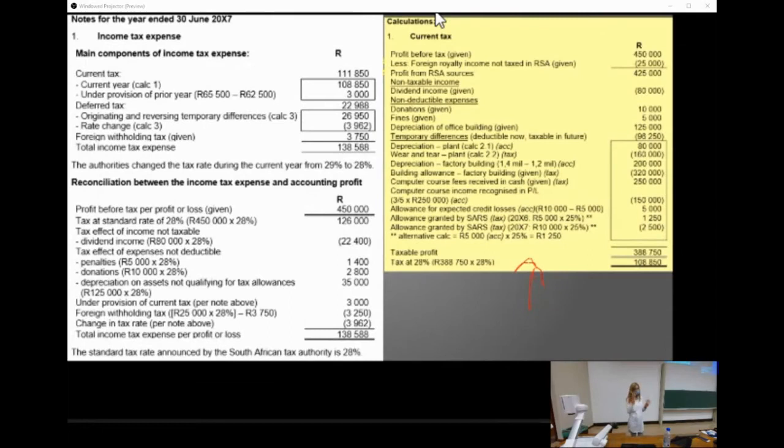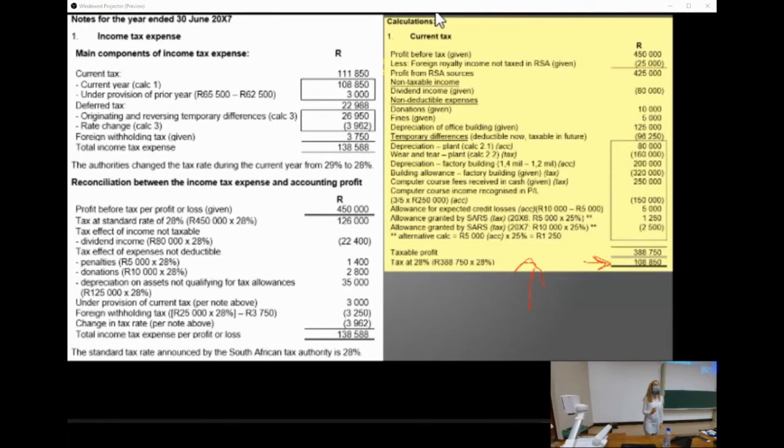That's incorrect. That's just the calculation to work out what the amounts are that should go into the note. So note that difference. Another thing that I want you to see is that in my current tax calc, we calculated our current tax expense for the year. You agree with that?